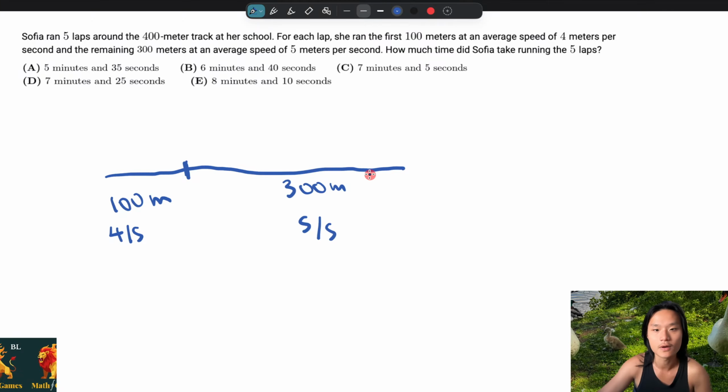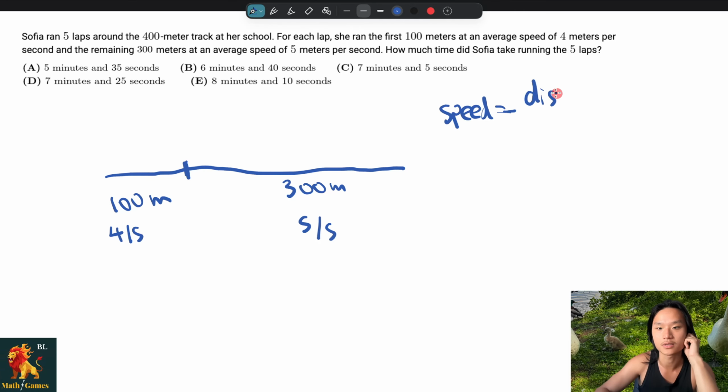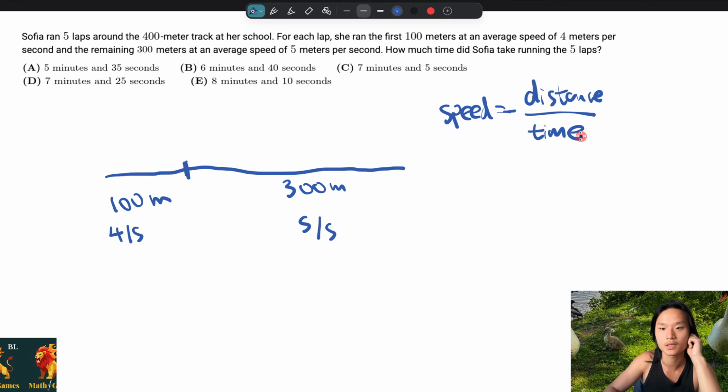Now, this is a question of understanding the relationship between speed, distance, and time. So we know that speed is equal to distance divided by time, okay?